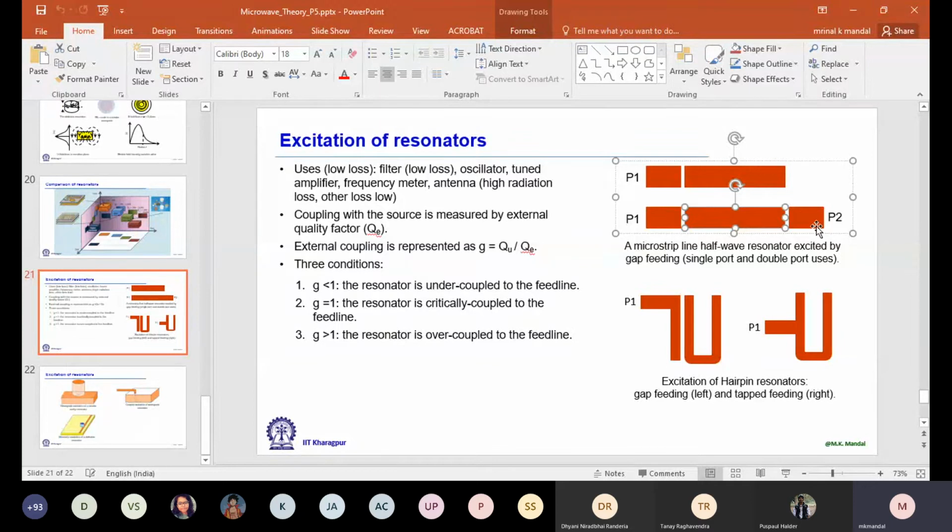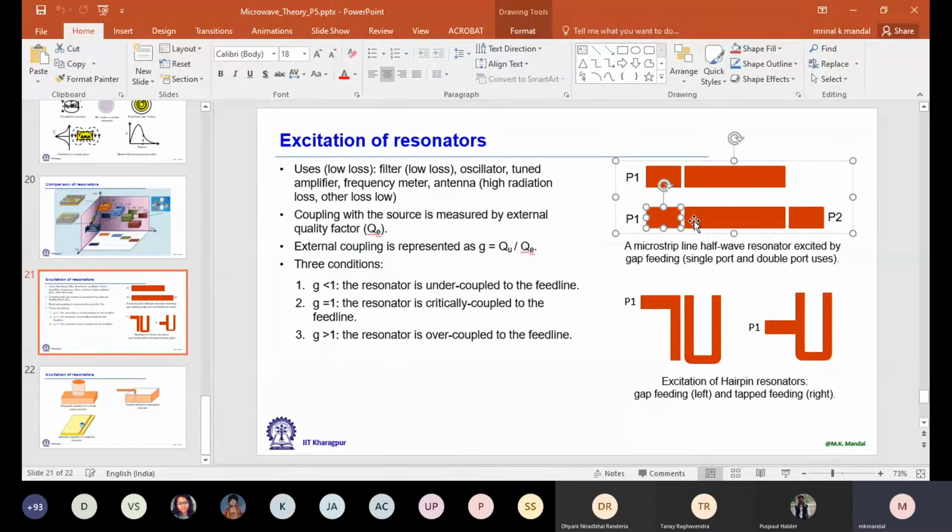In some applications we may need higher coupling, but you can't just keep on decreasing the gap, because we have some limitations due to fabrication. Here, for example, we can fabricate down to 100 micrometer, 0.1 millimeter. After that, we can't reduce the gap.